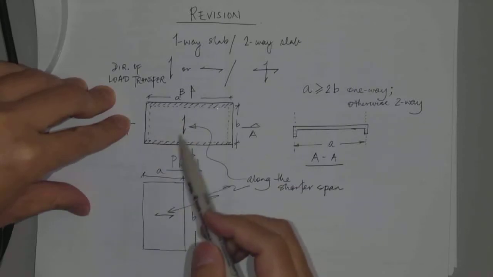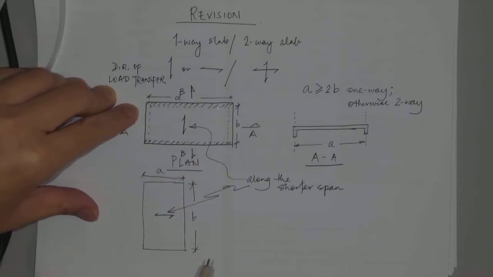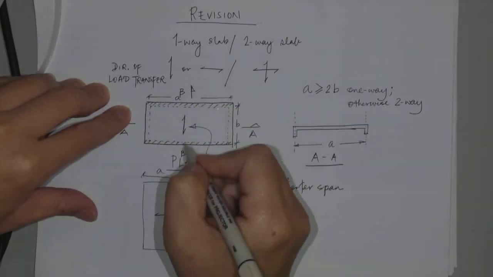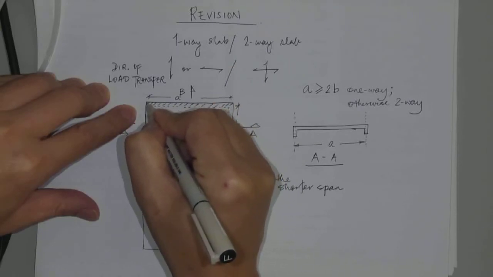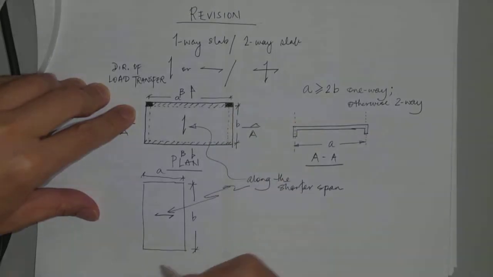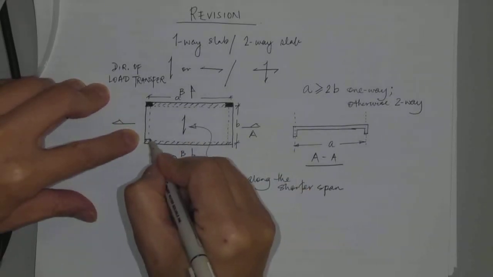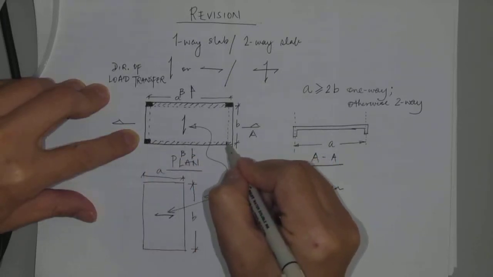All the loading on the slab, including its own weight, is transferred to these two beams. And then this beam is probably supported by a column at the corner, and by another column at this corner. And the beam here is supported by another column at this bottom left corner, and at this bottom right corner.